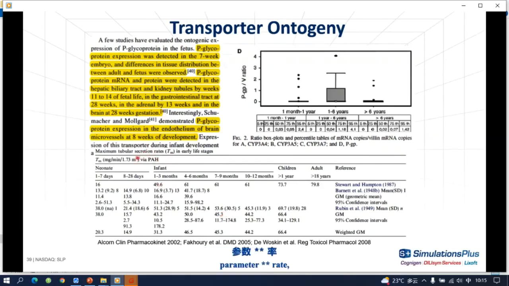For example, para-aminohippurate, which is a renally secreted compound, and it is both GFR as well as the active tubular secretion. Changes in clearance of that compound could potentially be used to infer how certain transporters might be changing, to infer the ontogeny of the transporters, and maybe use these changes to scale the clearances for other similar compounds.